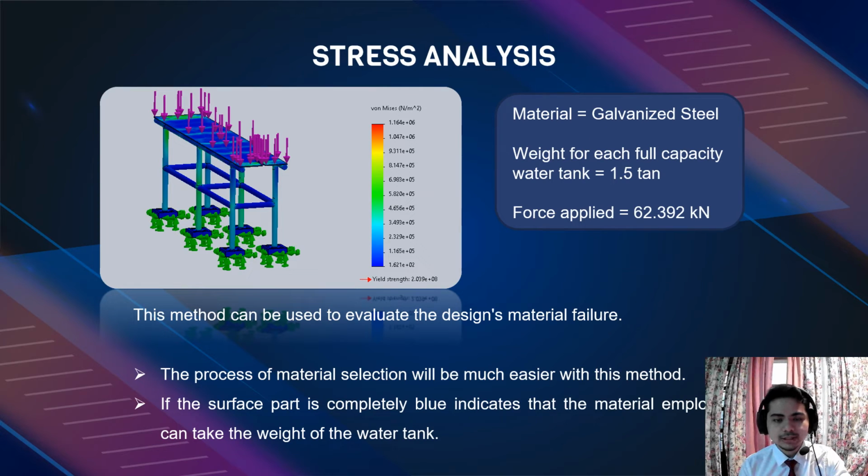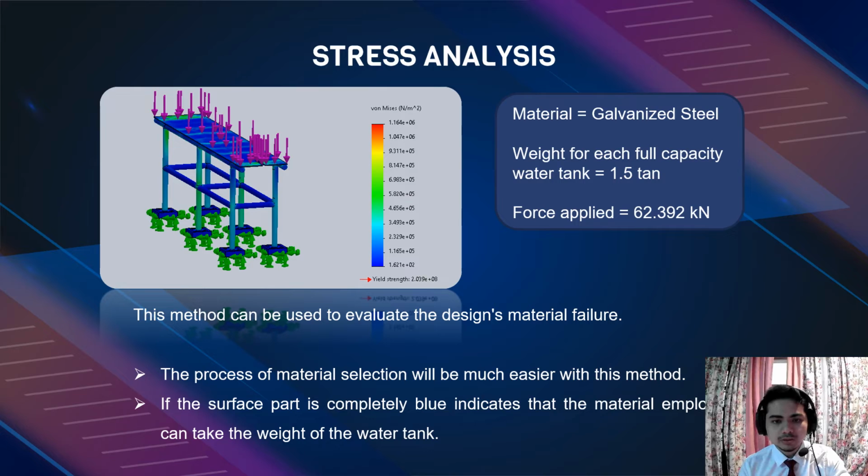Then, after the modeling process in SolidWorks, stress analysis has been conducted to evaluate the design's material failure. Before doing the analysis, the material and value of the total force need to be identified. The material of the stand is galvanized steel. The weight for each tank with full capacity of water is 1.5 ton.